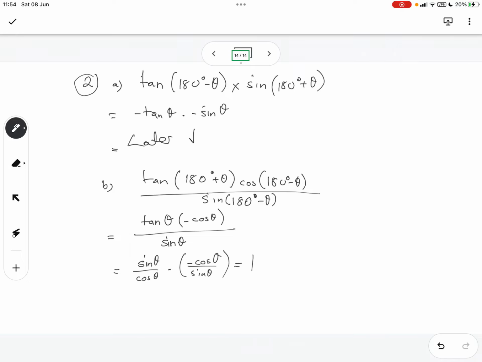No, this is not working out. As one trigonometry ratio. Yeah, no.